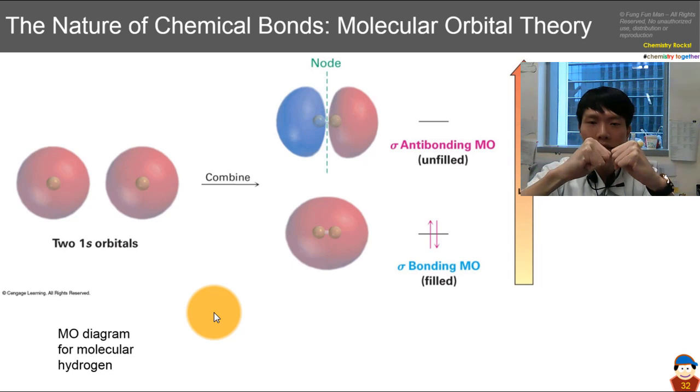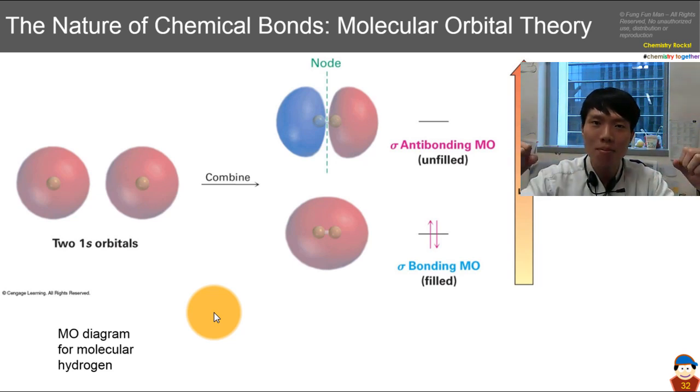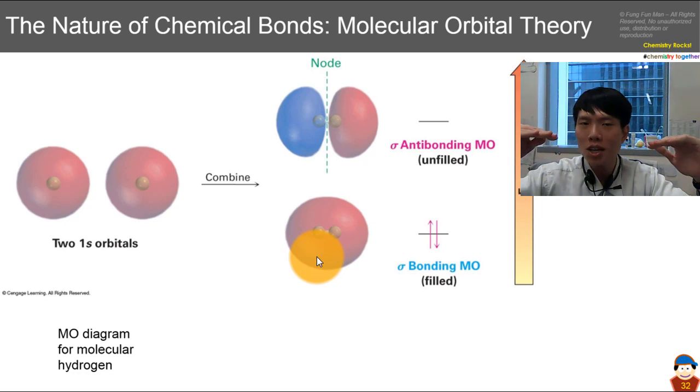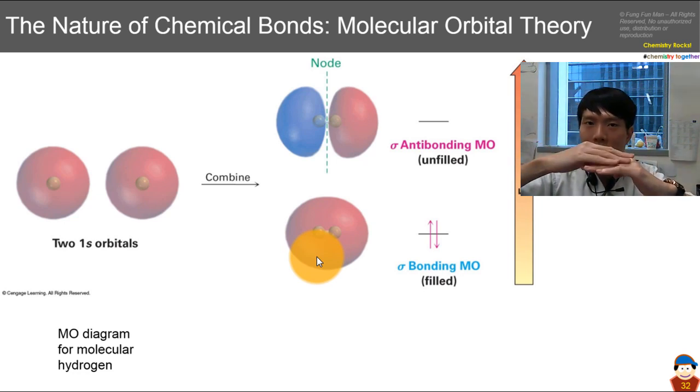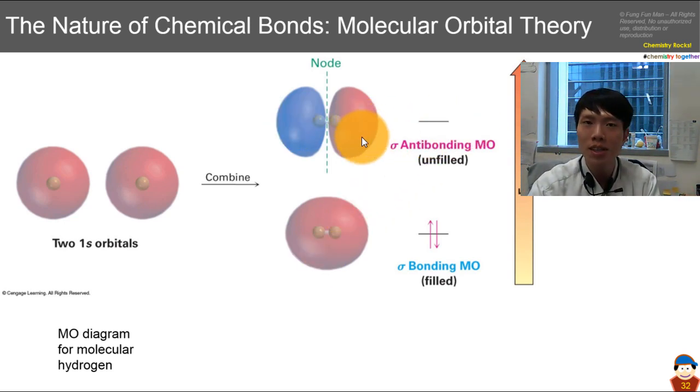When they come together, there's a chance that they can meet in sync. The waves overlap constructively and form a bond. That's how you get a sigma bonding orbital. But there's also a chance that they don't go aligned. You see, there's a mismatch in the alignment. You get a destructive wave, and then there will be an anti-bonding orbital.